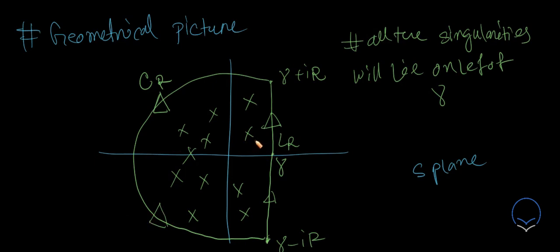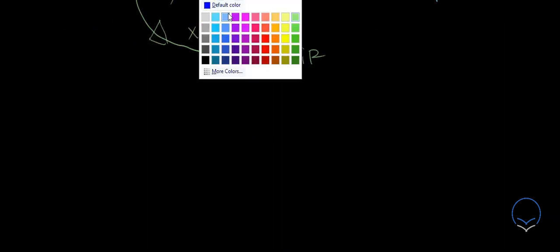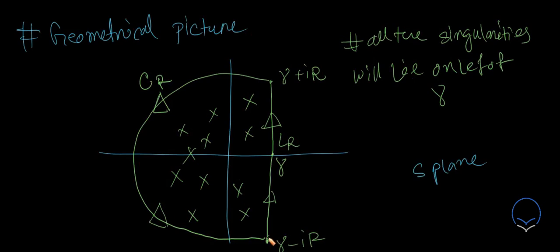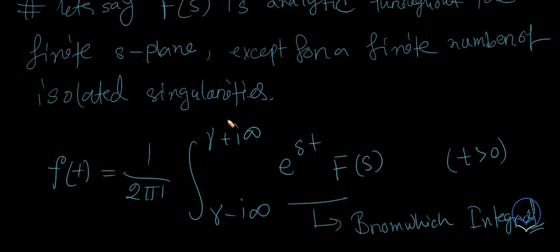Now we can switch back. Since this is a contour integral, we can switch back to our residue theorem, right? So what we can do is write the integral on L_R plus C_R. That means this integral over here.